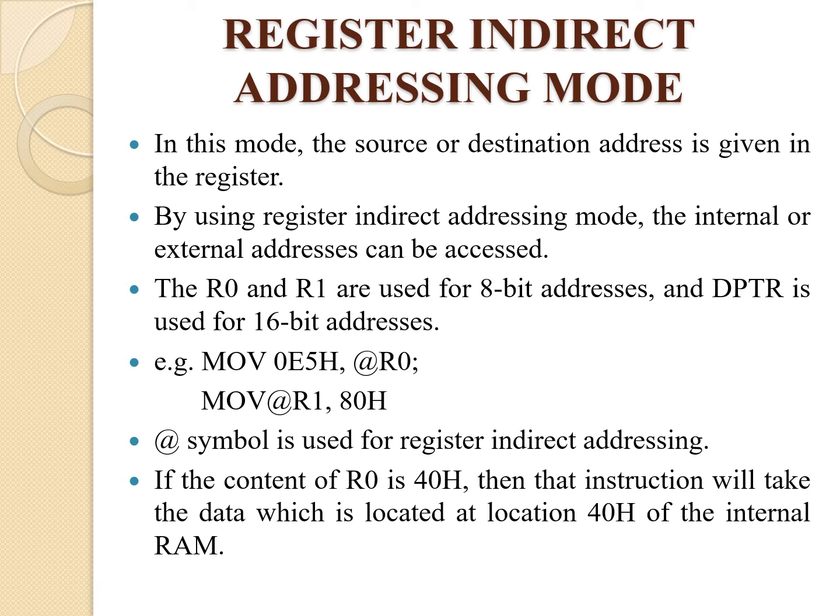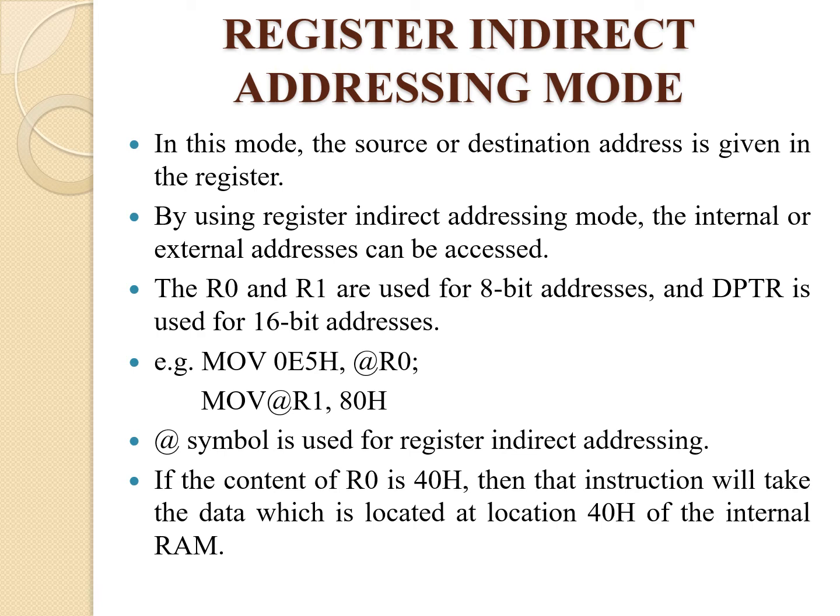Now register indirect addressing mode. In this mode, the source or destination address is given in the register. By using register indirect addressing mode, the internal or external address can be accessed. The R0 and R1 are used for 8-bit addresses and DPTR is used for 16-bit addresses. For example, MOV 0E5H, @R0; MOV @R1, 80H.